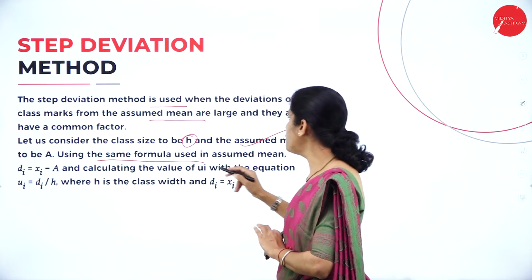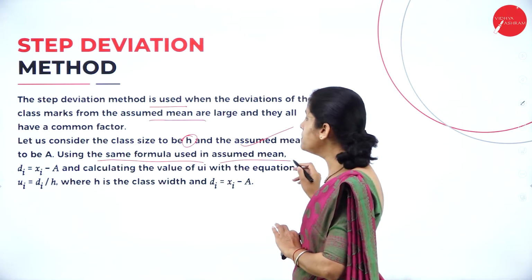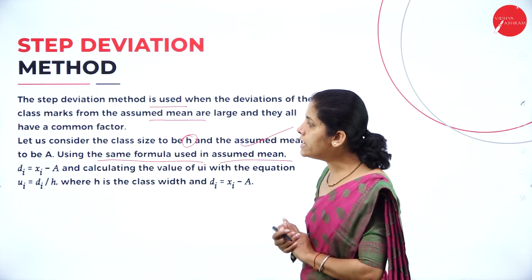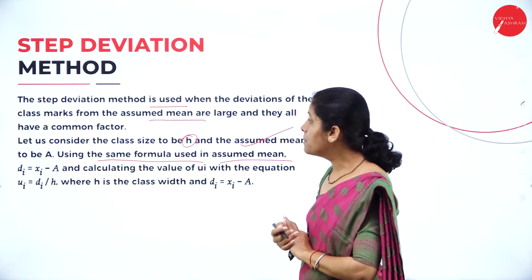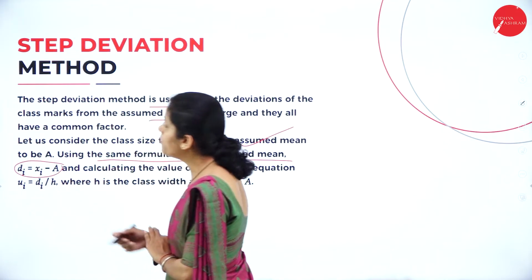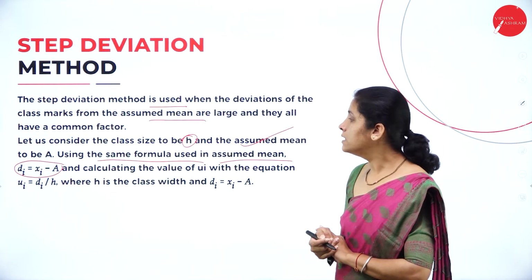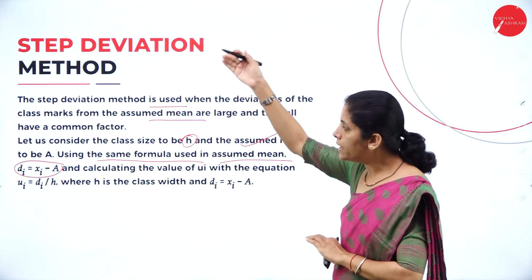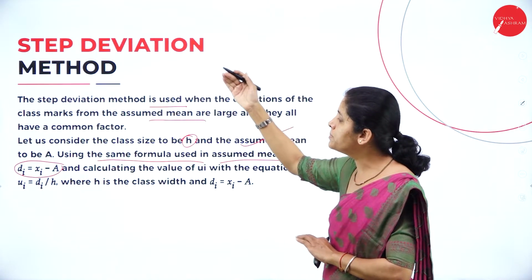So what is the class size here? That is nothing but h, and the assumed mean is nothing but A. Using the same formula as in the assumed mean method, di equal to xi minus A. By using this, I want to find the step deviation method.